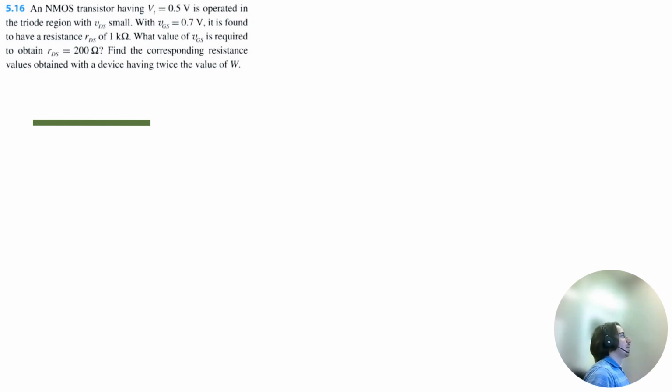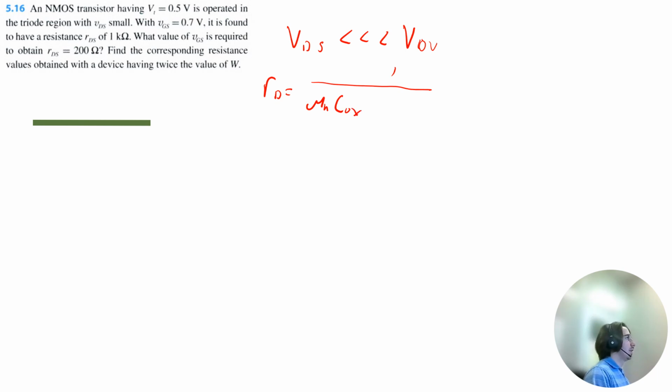So when we have a very small VDS in comparison to our overdrive voltage, we can leverage the following equation. RDS is equal to 1 divided by Kn, or mu n Cox times W over L, times the overdrive voltage.